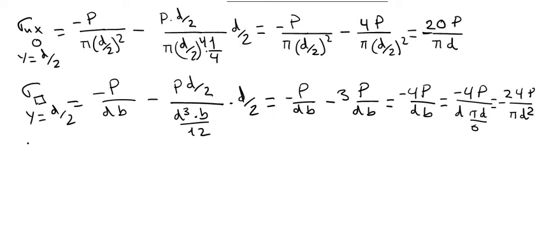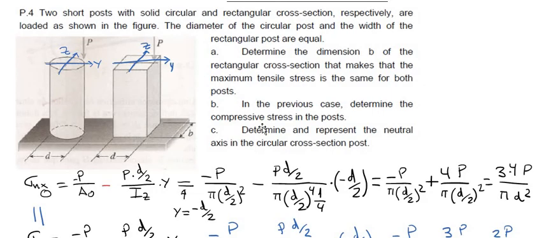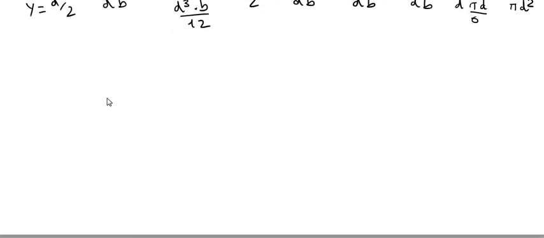Okay, and the last question that we have to solve is to determine and represent the neutral axis in the circular cross section. If we draw again this circular cross section, we have our axis. This was the y-axis, and the z-axis pointing upwards.